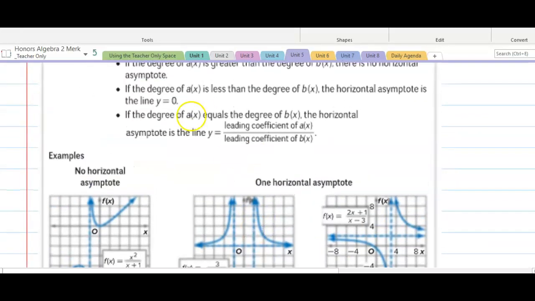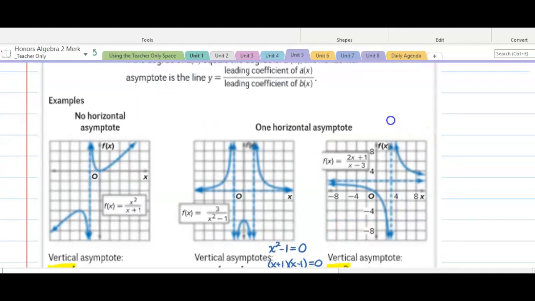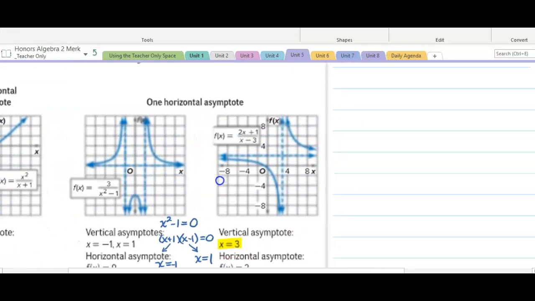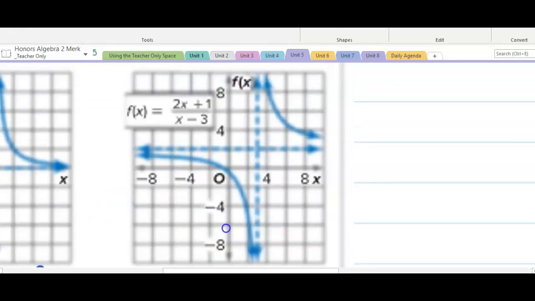Third case, what if the degrees are equal? No matter what the degrees are, as long as they're equal, we're just going to look at the leading coefficient of the numerator and the leading coefficient of the denominator. And we're going to make them a ratio, and that is our horizontal asymptote. Like right on this example here, example 3.